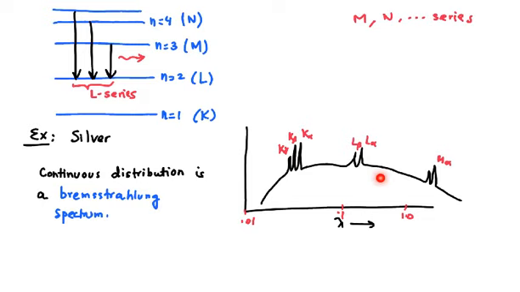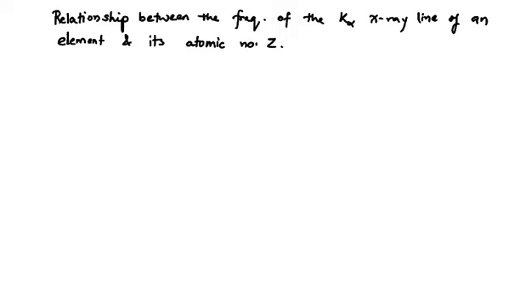In chapter 3, we discussed this continuous X-ray spectrum emitted by accelerated electrons. Here we are concerned with the discrete X-ray line spectrum emitted by atoms.